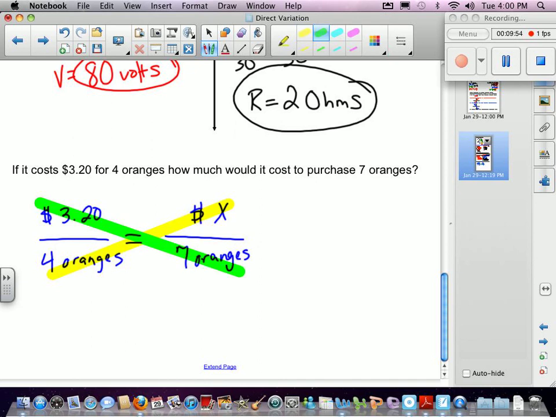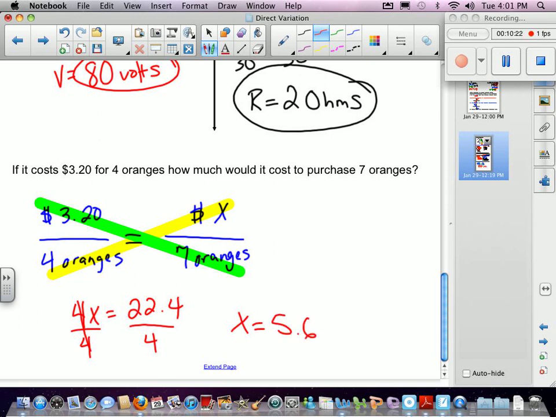And when I cross multiply, I end up with 4x is equal to 7 times 3.20, and 7 times $3.20 gives me 22.4. Then I divide each side by 4, and that gives me x is equal to 5.6.